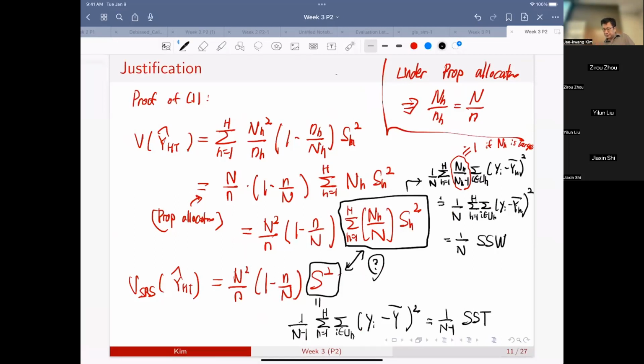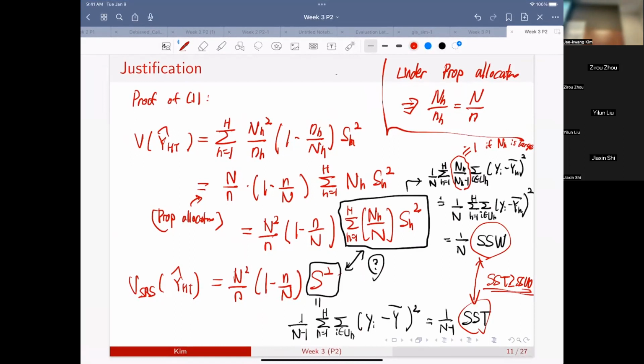So if you compare this with this, SST is greater than or equal to the within component. So this one is bigger than this one.